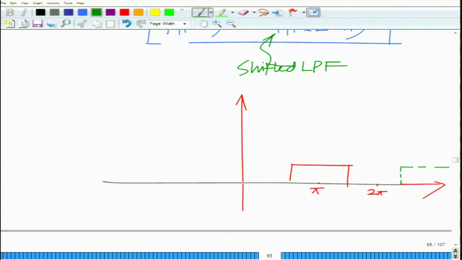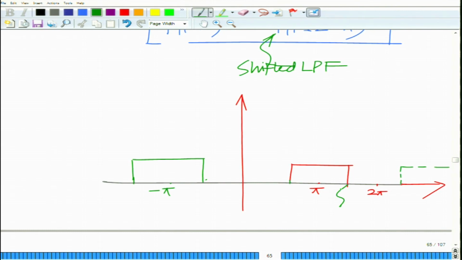So, this is pi, this is minus pi, and you will also have something that looks like this. Now this point is basically shifted by pi. Originally this is omega c, and when you delay it by pi, this will become omega c minus pi, and this will become pi minus omega c.